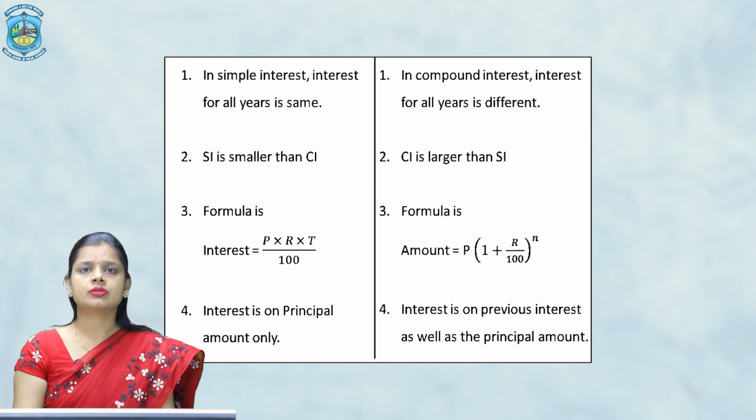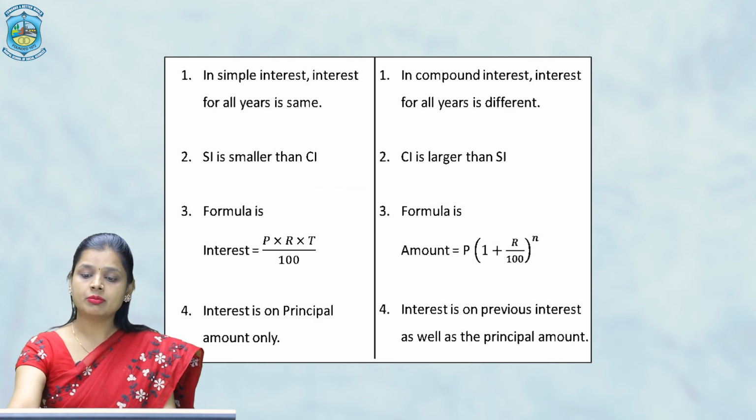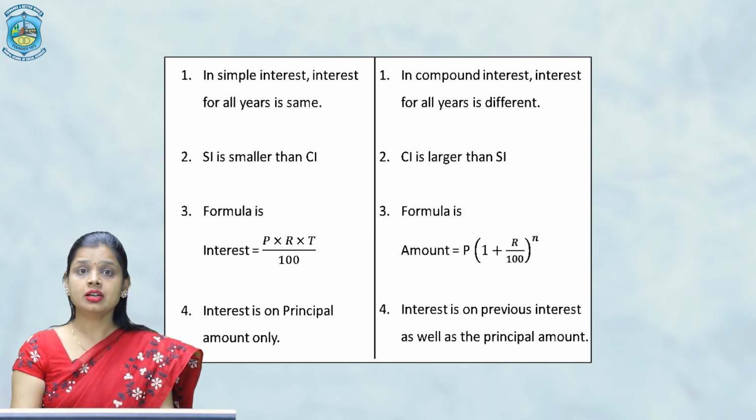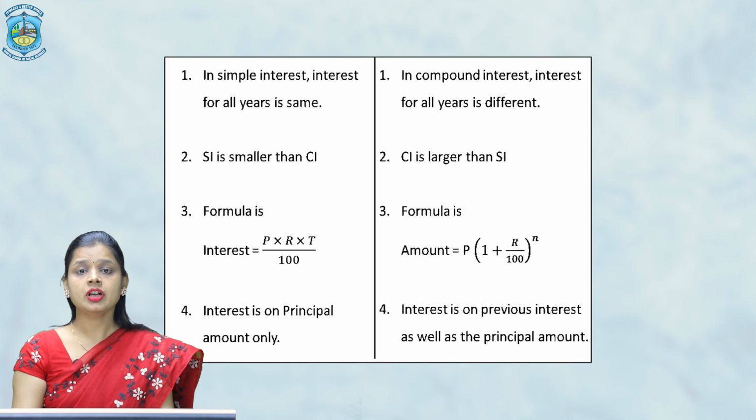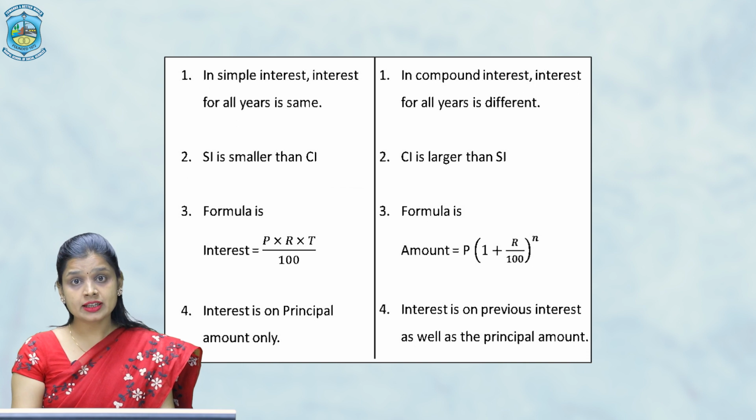In the case of compound interest, first we find the amount by using the formula amount equals P multiplied by (1 plus R by 100) to the power n. Simple interest is on the principal amount only, while compound interest is on the previous interest as well as the principal amount.